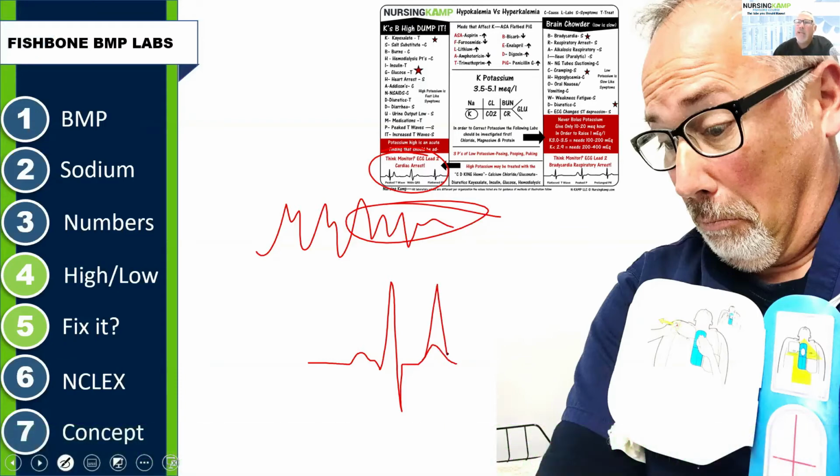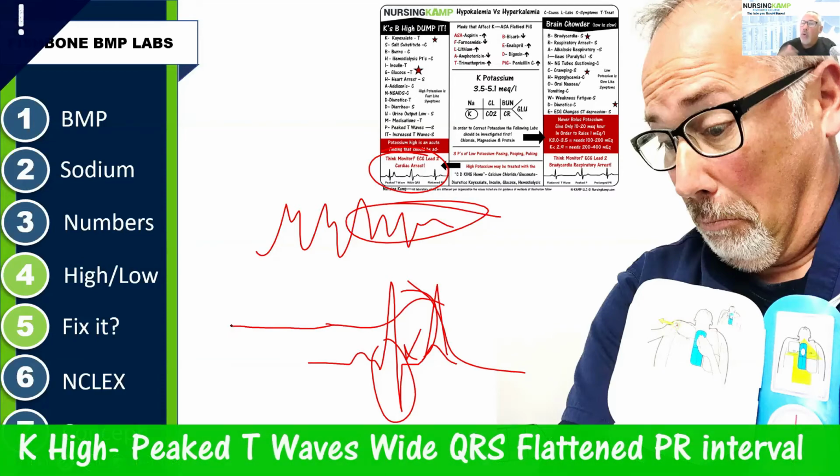The way I like to think about this is the wave is high, the QRS is wide, as the wave goes across, and then it flattens out. So the peaked T wave is high, the QRS is wide, and then it flattens out, so the flattened PR, right? And that's a sign of hyperkalemia.